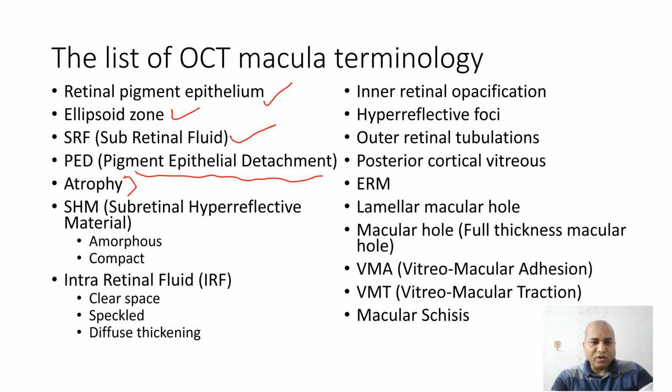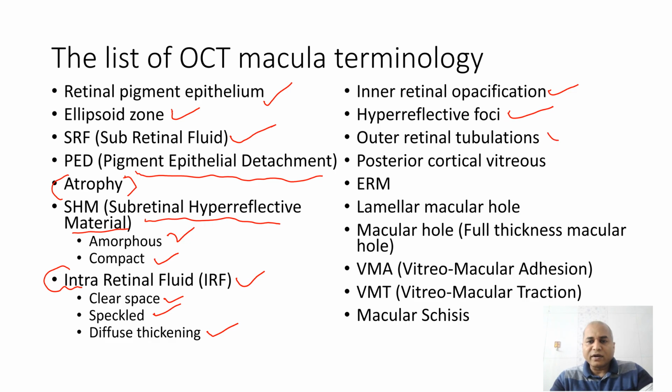Thinning of retina is also known as atrophy. Subretinal hyperreflective material, which can be amorphous and which can be compact. Fluid, when it is present in the neurosensory retina itself, is known as intraretinal fluid. It can have a clear space, it can be speckled, and it can have a diffuse thickening. Inner retinal opacification is another pathological condition.